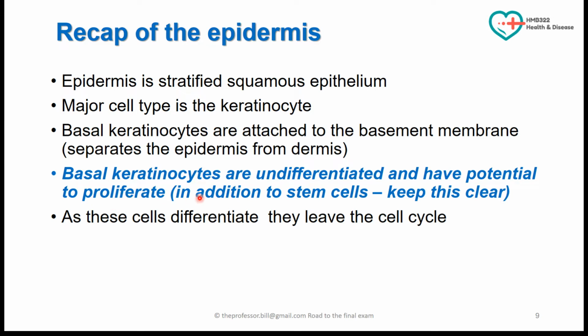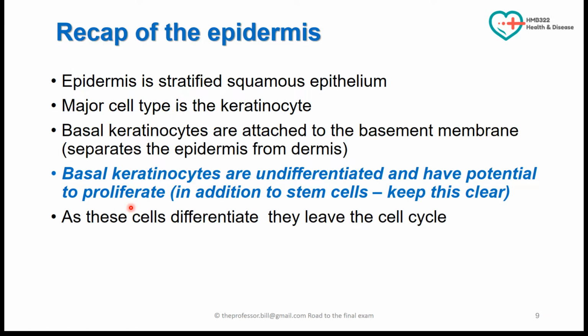I know there was a lot that Dr. Sidaway mentioned in the last lecture, but one of the things that he mentioned was cell cycle arrest and cell cycle progression. These are undifferentiated cells, so they're still undergoing things in the cell cycle, and they do have the potential to proliferate.